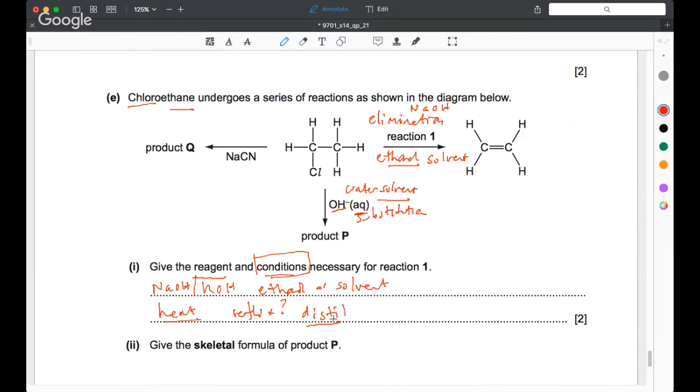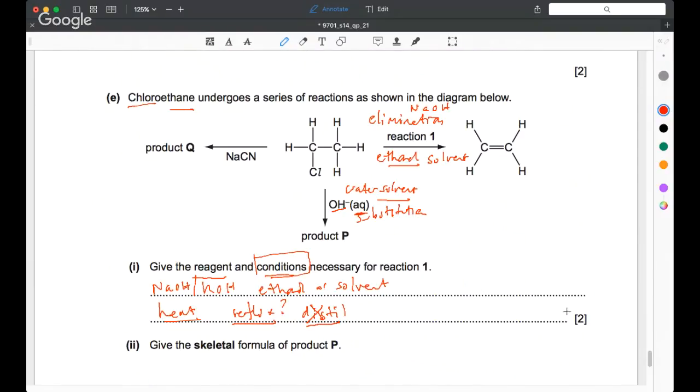Usually that's because the product itself could go on to react further. Once you've made the alkene here, there's no chance of any further reaction, so you don't need to remove the product as soon as you've made it. There's no need to distill it. So you just need to heat this reaction until the reaction is complete. And so we're going to heat it under reflux.